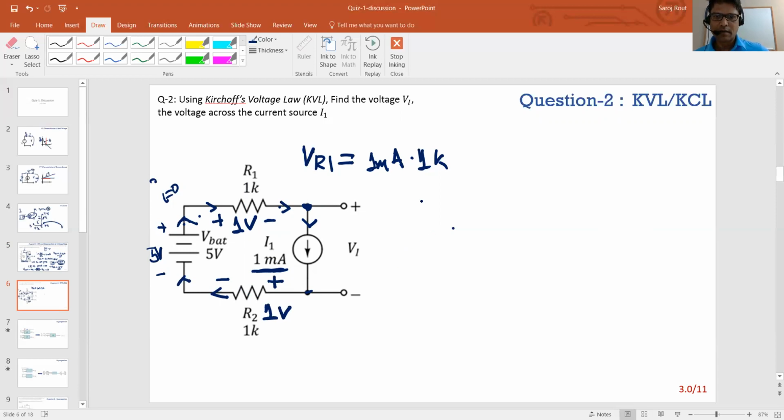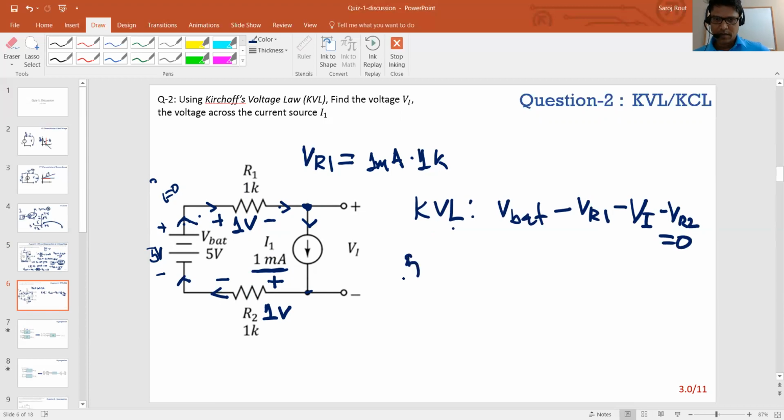So if I write the KVL, that's V bat minus VR1 minus VI minus VR2 equals 0, right? Which is 5 volts minus 2 volts is equal to VI, which is equal to 3 volts.